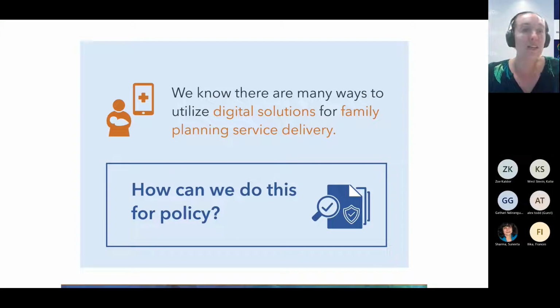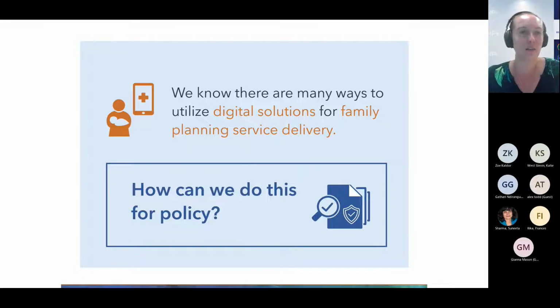To begin, we first focus on answering the question of why we're focusing on digital solutions and their application to the family planning policy space. We know there are many ways digital solutions are used to help deliver family planning services. It's evidenced by a lot of research, the frameworks that exist to demonstrate how solutions can be used to strengthen health systems and services, and inventories of digital solutions for different kinds of functions and use cases across service delivery.